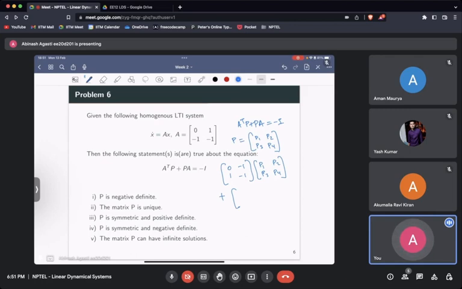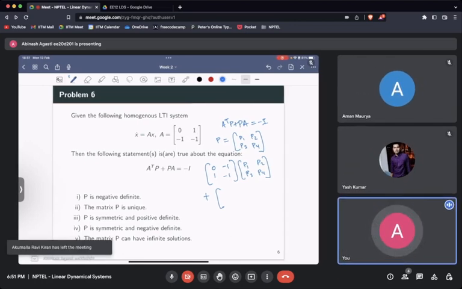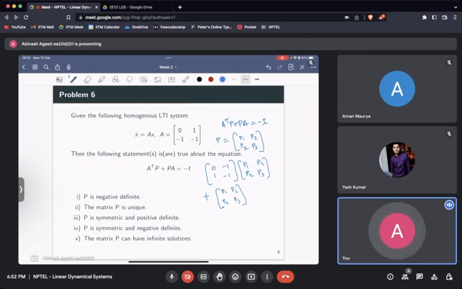okay, let us take one assumption on P, that it is a symmetric matrix. Let us have this P1, P2, P2, P3, okay, and into A, 0, 1, minus 1, minus 1, equal to minus of 1, 0, 0, 1.